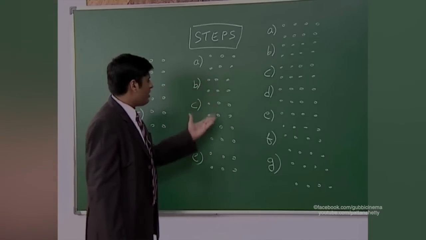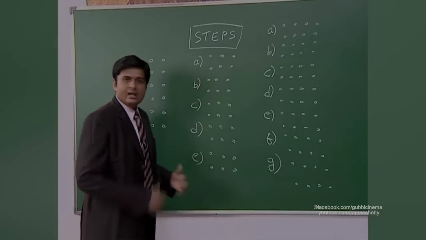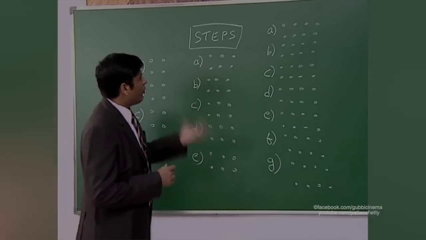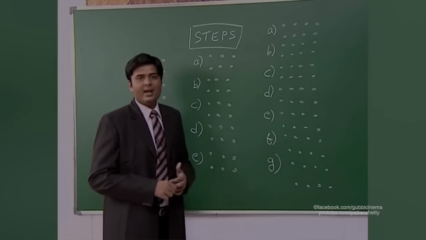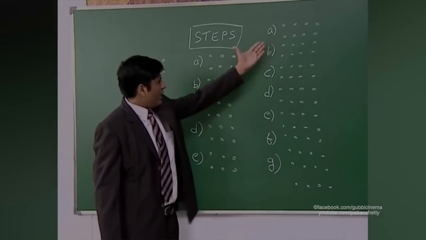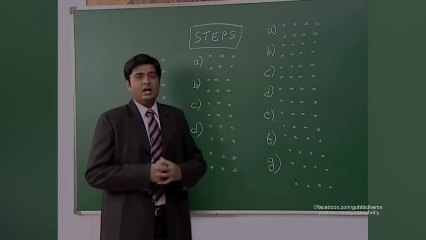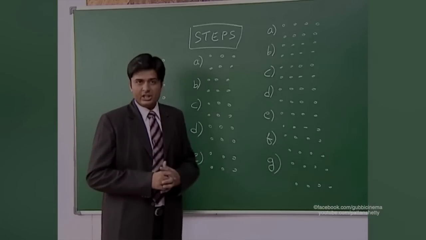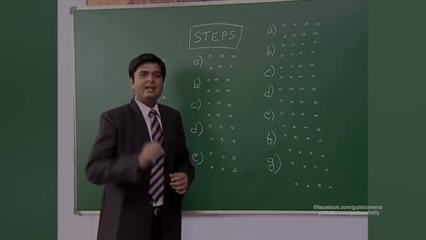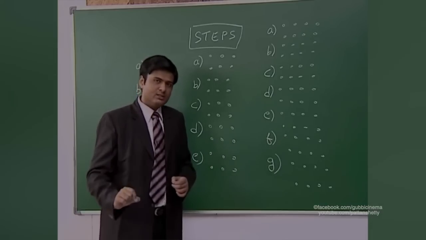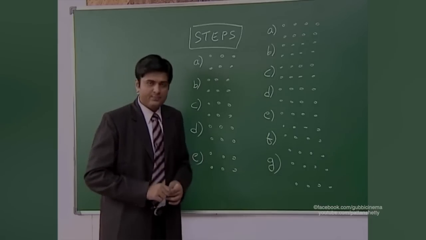So I use 5 steps, A, B, C, D, E. Similarly, when I multiply 4-digit numbers, double of 4 is 8 and 8 minus 1 is 7. So I use 7 steps. Suppose you have to multiply, say, a 10-digit number by a 10-digit number. Double of 10 is 20, 20 minus 1 is 19. So we'll be using 19 steps. This is just a theoretical case. We never multiply such long numbers.